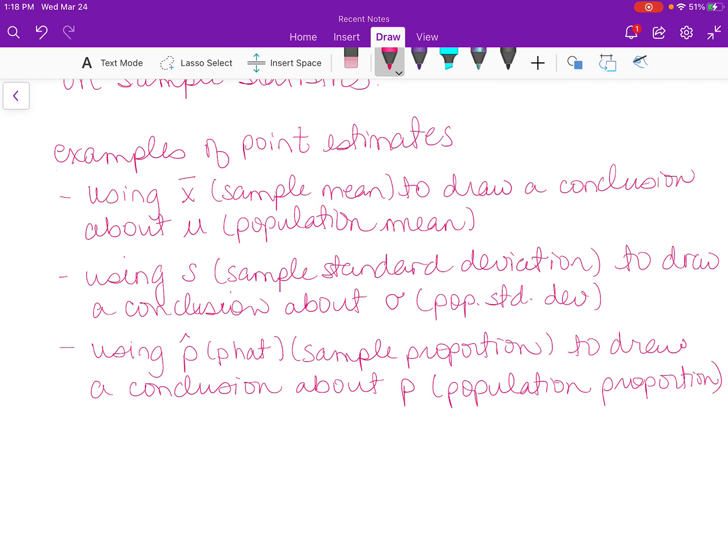So when I use the term point estimate, hopefully that will give you a little bit of information as to what I'm referring to.